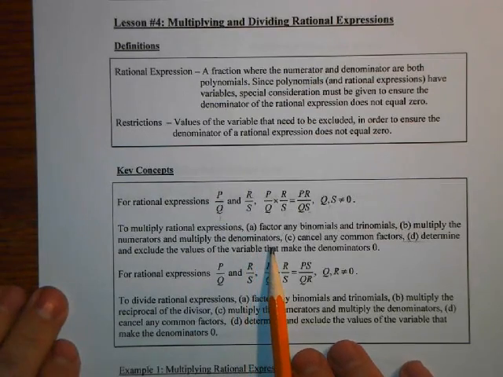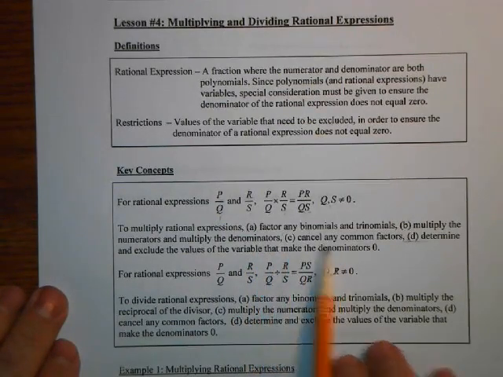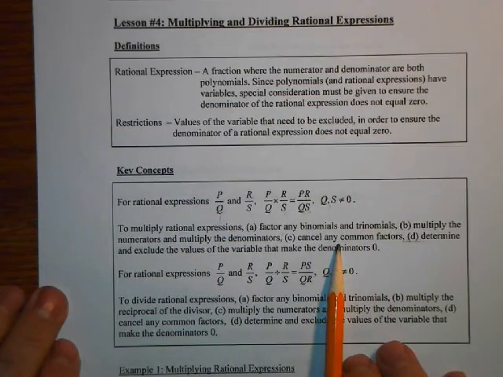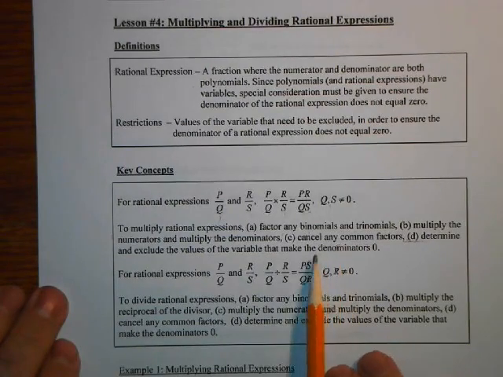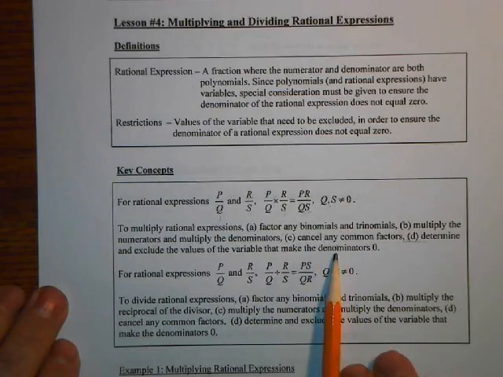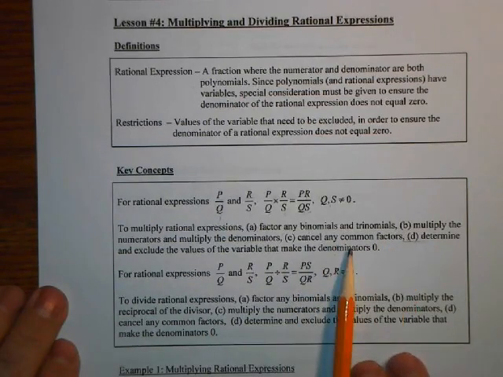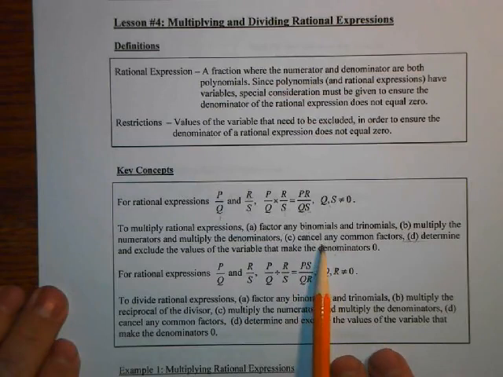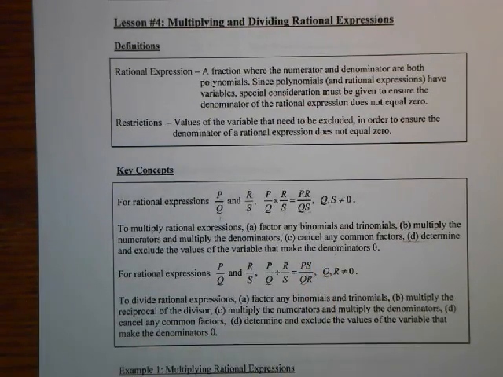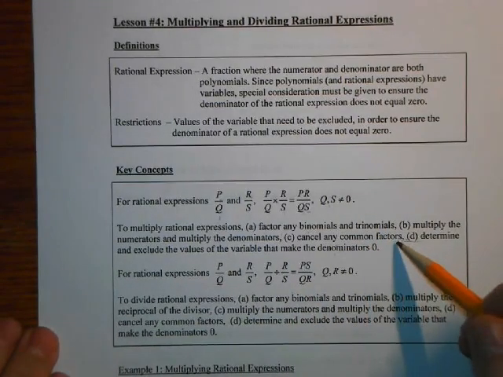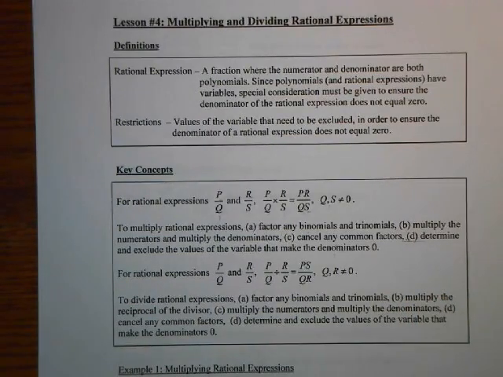At that point, we cancel any common factors, just like when we simplified, and then state the restrictions. And we state the restrictions before we cancel any factors, because any canceled factor on the bottom is still a concern, because if that canceled factor was 0, you'd still have a divide by 0 issue.